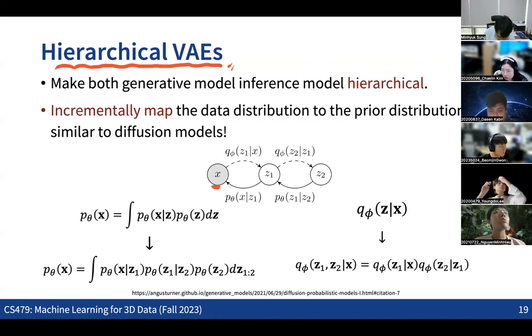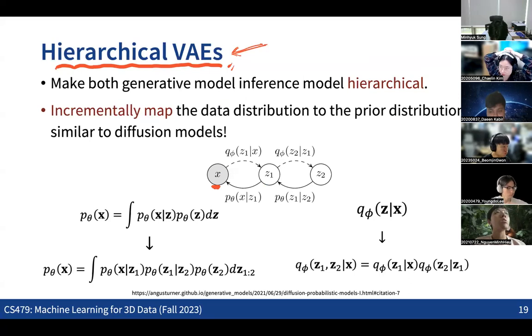So that was the initial idea of how we use the same formulation in the VAE while improving the quality of the mapping by stacking multiple Gaussian transitions.